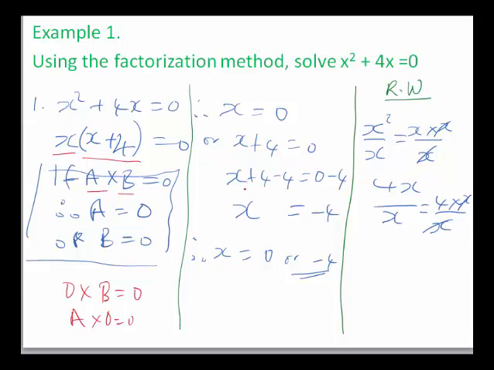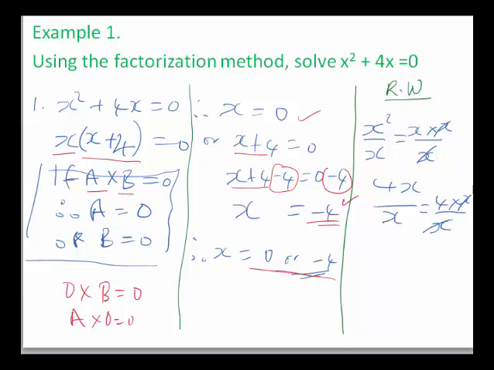So we now have x plus 4, which is what we have here. Then minus 4 we have introduced. Whatever we do on the left hand side, we do the same on the right hand side, giving us x is equal to minus 4. Therefore the values of x that satisfy this quadratic equation are 0 and minus 4, and that's what we've got here.